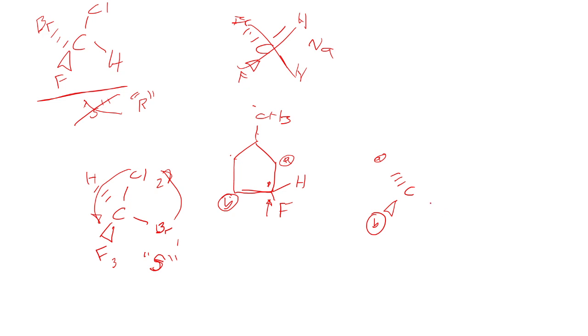Now, what's the next thing? Well, my F right here. If I have one coming out towards me, one going away from me, then those are both in the plane, aren't they? So my hydrogen and my fluorine are in the plane, because that's tetrahedral geometry. 3 of the things have to be in the plane. One comes out towards you, one goes away from you.